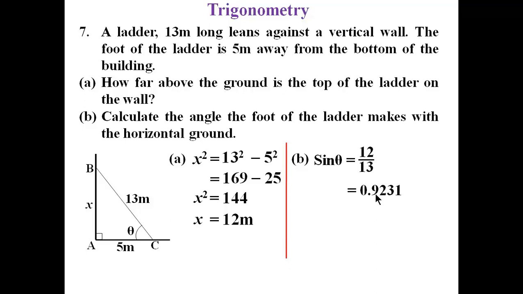So this is 0.9231. Therefore, theta is equal to sine inverse of 0.9231. From our calculator or mathematical tables, we have theta equal to 67.368 degrees, and to 3 significant figures, we have theta to be 67.4 degrees.